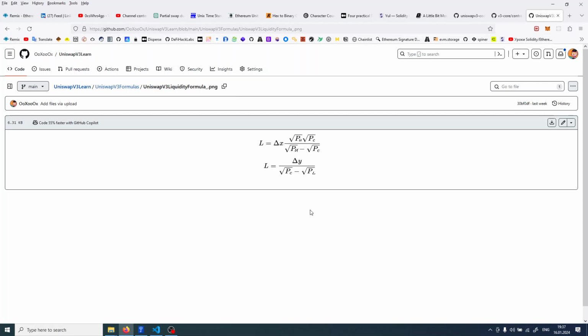Delta x, how much amount of token 0 we put in the pool. Delta y, so this is token 1.